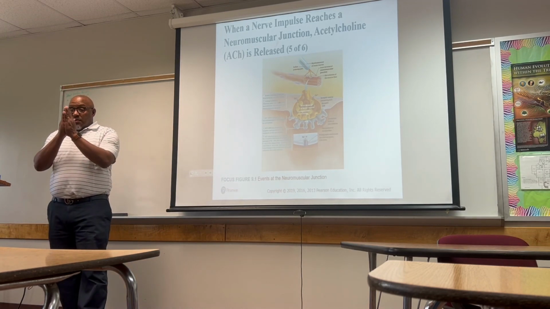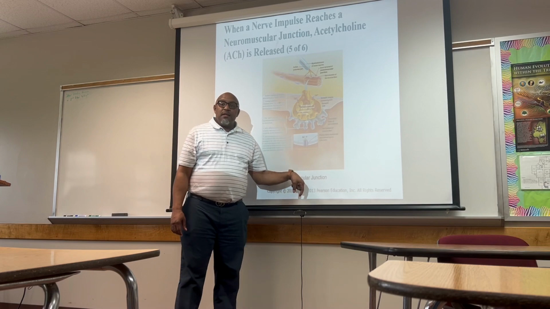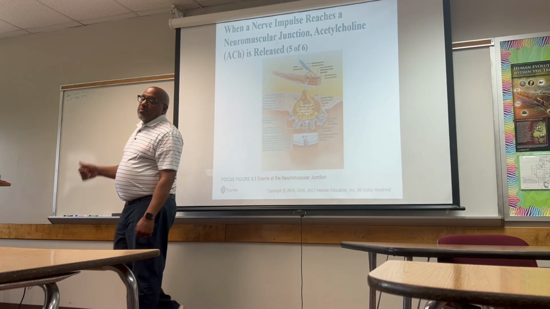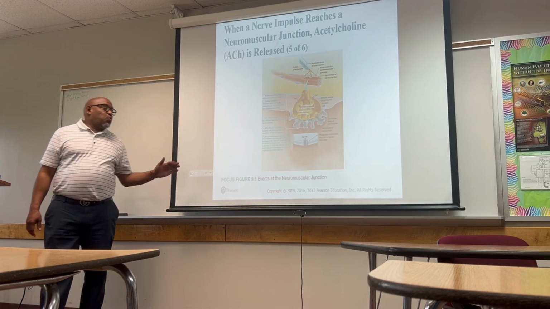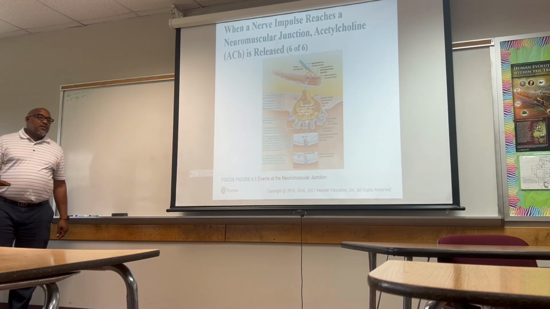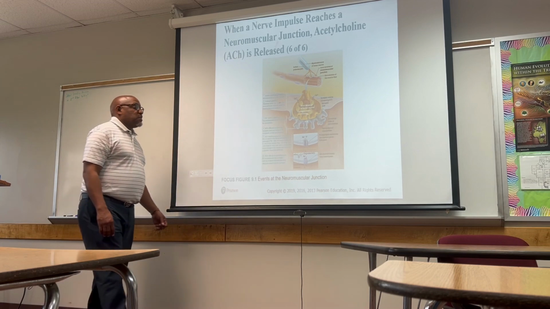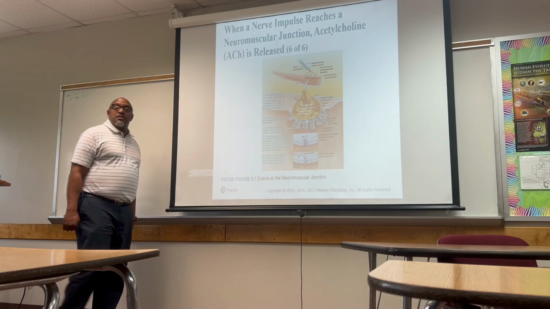Ligand is chemical. The chemical-gated receptor opens. When that opens, sodium goes in, a little bit of potassium comes out, but about 10 times more sodium goes in. And since way more sodium goes in, that begins to change the action potential. And then acetylcholinesterase comes and chews up the acetylcholine to stop the muscle contraction. Okay?